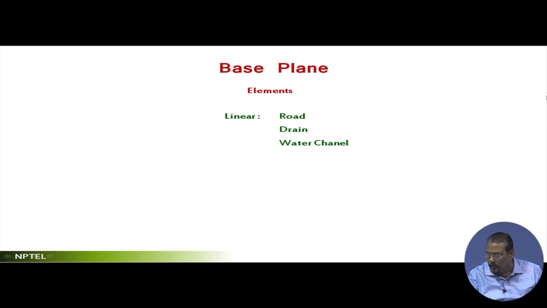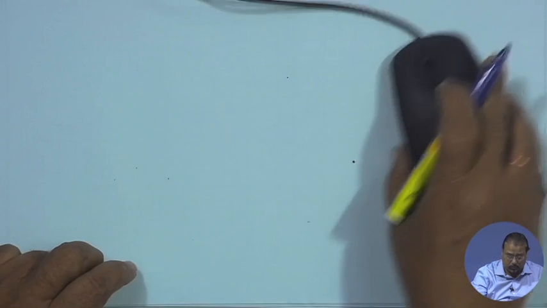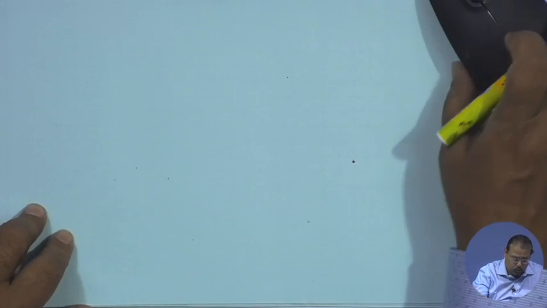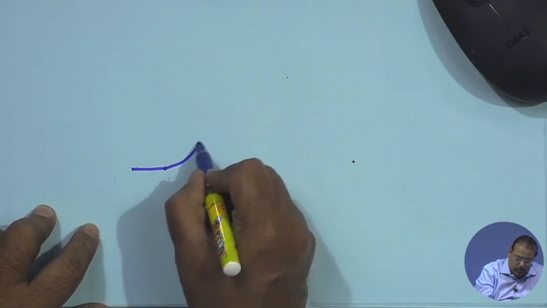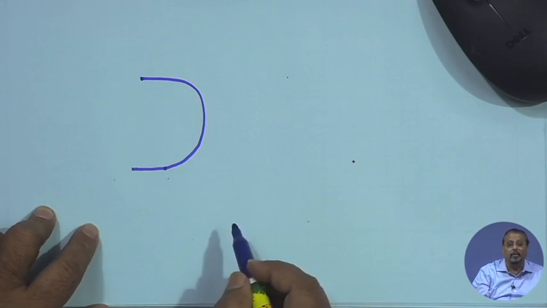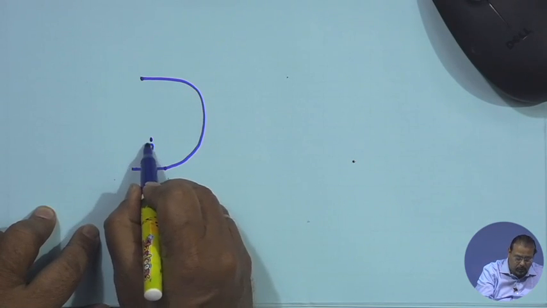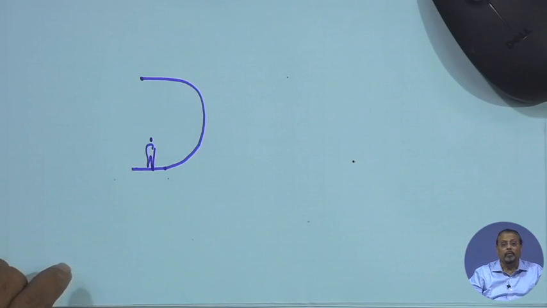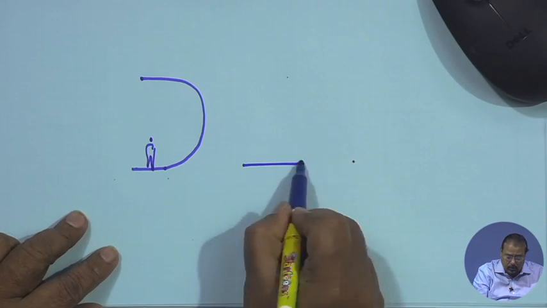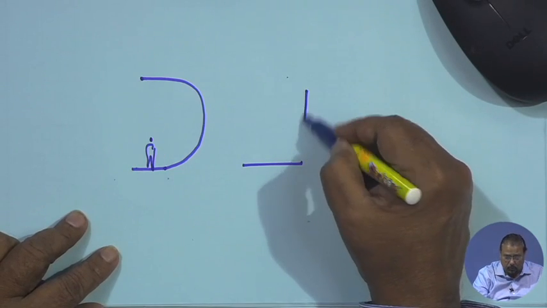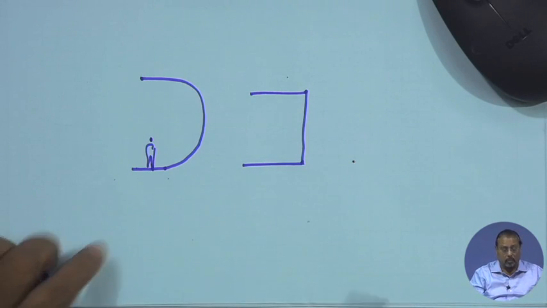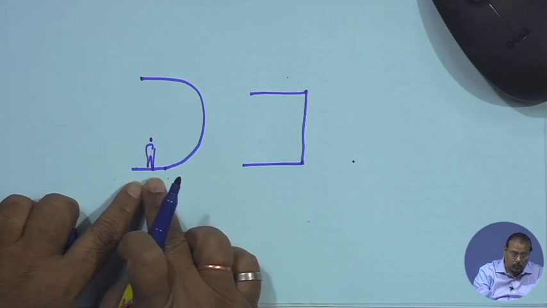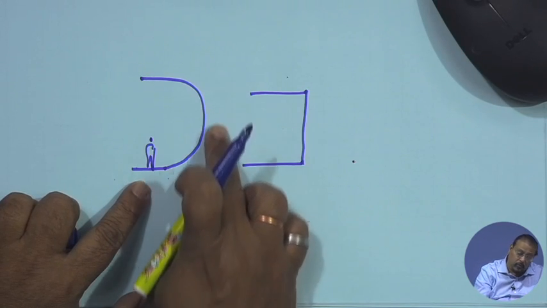I will just draw one sketch to demonstrate that. I am saying this in architectural terms. Suppose you have a plane on which you are standing, which has a side like this and ultimately a thing like this, and a person is standing here. I can understand very easily the base plane, vertical plane and overhead plane. But what happens to this? When did the base plane change to the vertical plane, and when did the vertical plane change to the overhead plane?